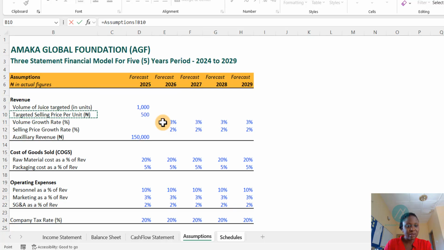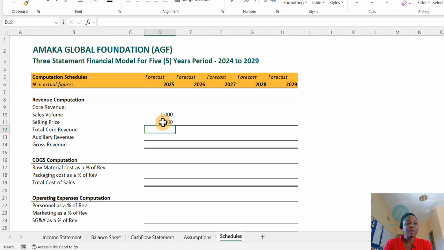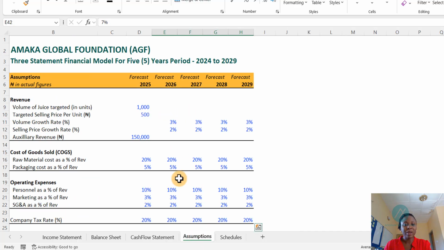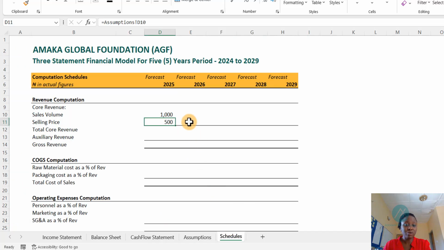So you go pick it because we are picking it from the assumption. Now, this is the sales volume we have been informed that we'll be making in 2025, and this is the selling price. And from the assumption, remember, we have growth rate for sales volume. So we have to consider the growth rate to forecast for 2026 through to 2029.